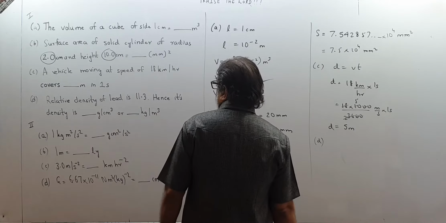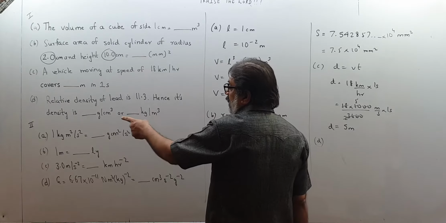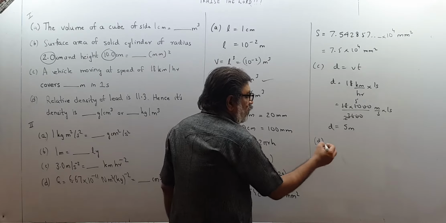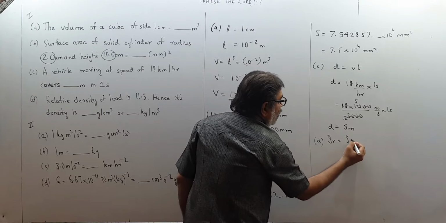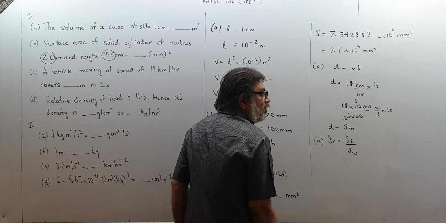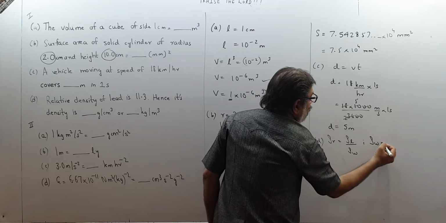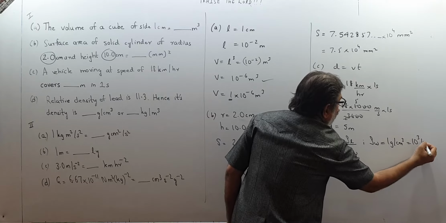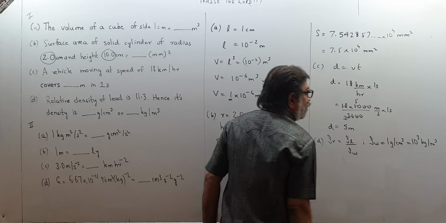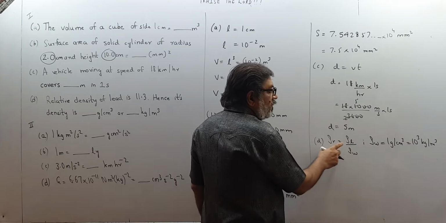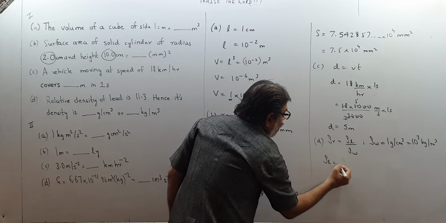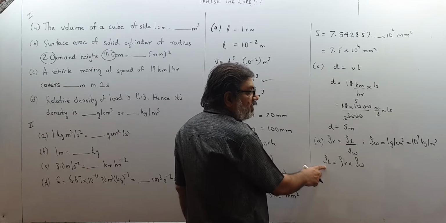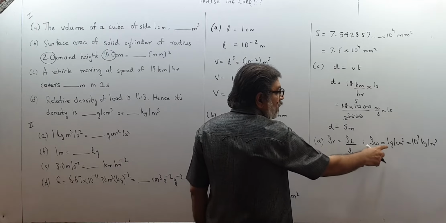Relative density of lead is 11.3, hence its density is so much in gram per centimeter cube or so much in kilogram per meter cube. Children, you know relative density is density of substance, lead over here, upon density of water. And density of water we know it is 1 gram per centimeter cube or it is 10 cube kg per meter cube. So when I want in gram per centimeter cube density of lead, that will be relative density into rho W. When I want this density of lead in gram per centimeter cube, I keep rho W in this much.